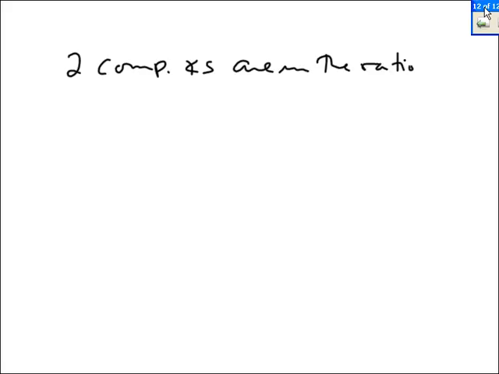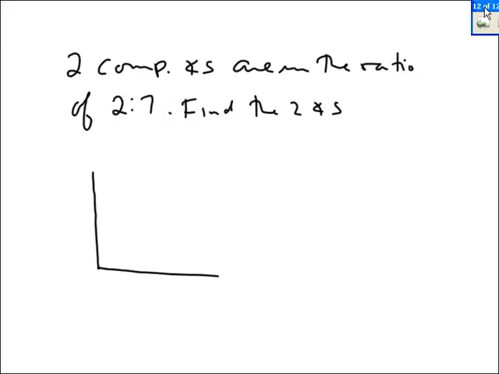Suppose that you come to know that 2 complementary angles are in the ratio of 2 to 7. And you're asked to find their 2 angles. Well, you know they're complementary. That means they add up to 90 degrees.